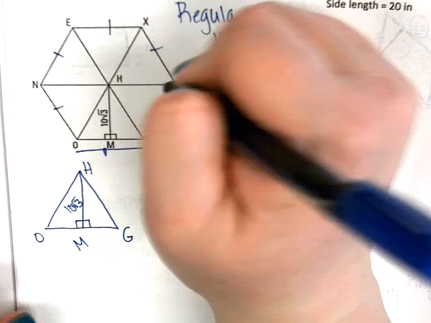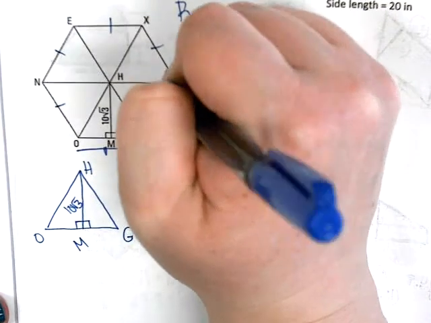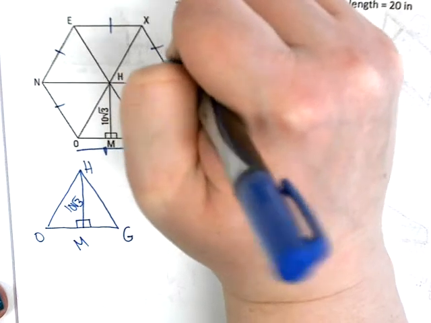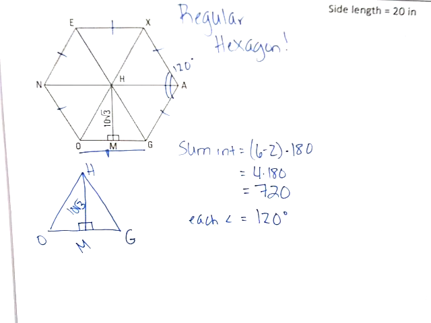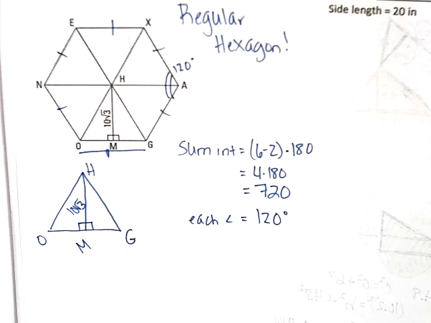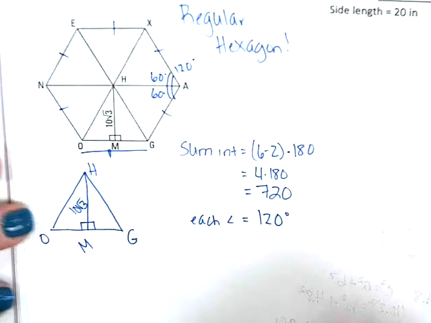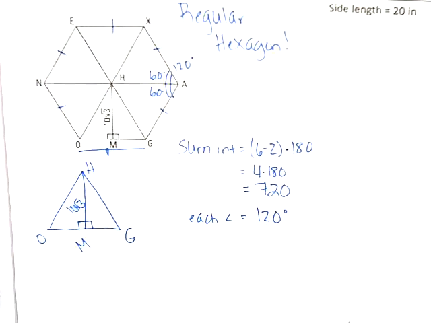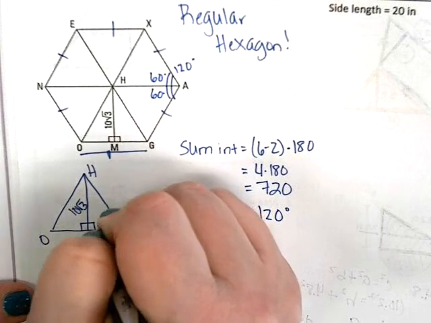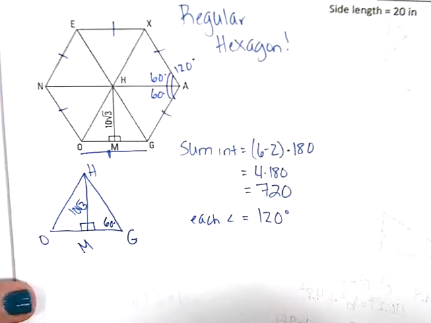All right, so that means then that, for example, this angle right here would be 120 degrees. But because this is a regular hexagon, when we draw in all of those diagonals there, we cut that angle in half, which means each of these is 60 degrees. Okay, that means then that this angle right here is 60 degrees.